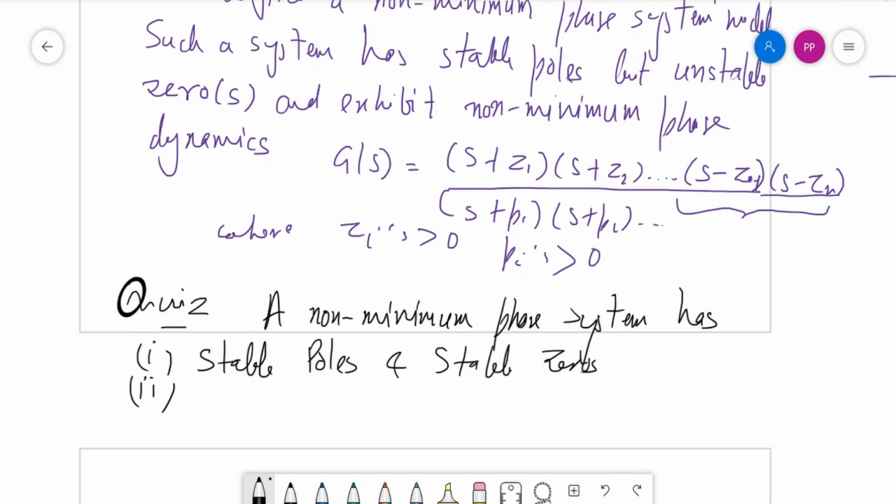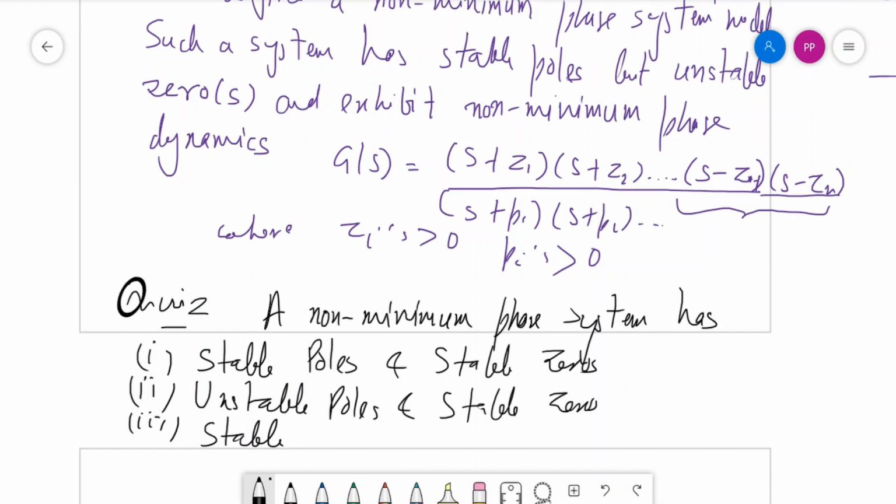Such questions can be asked in competitive exams. Second, unstable poles and stable zeros. Third option is stable poles and unstable zeros.